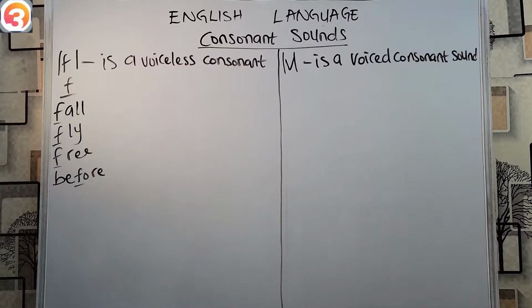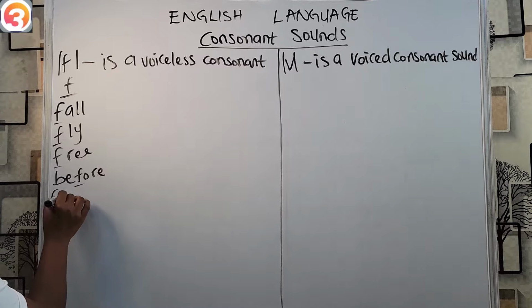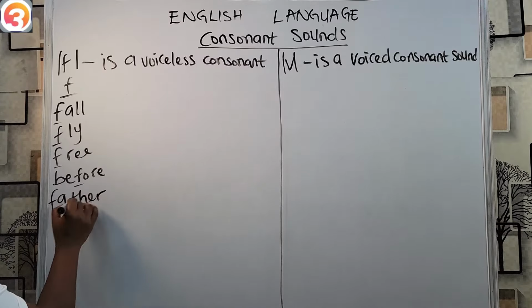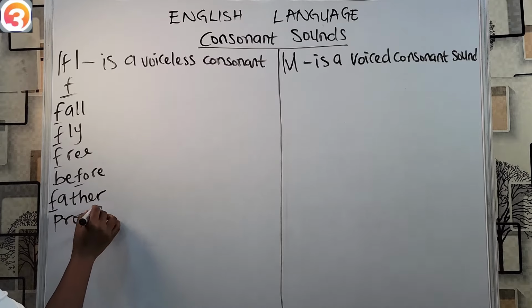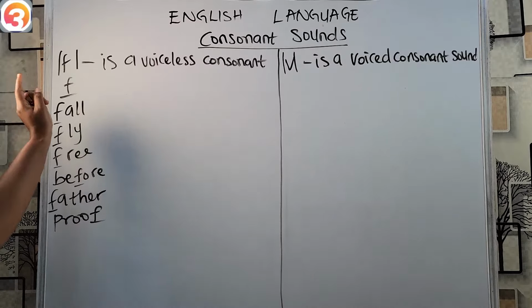Words containing the letter F: father, proof. We have these words containing the consonant.